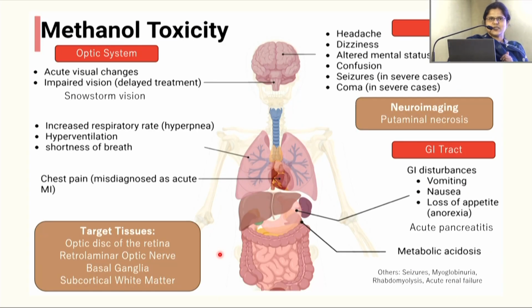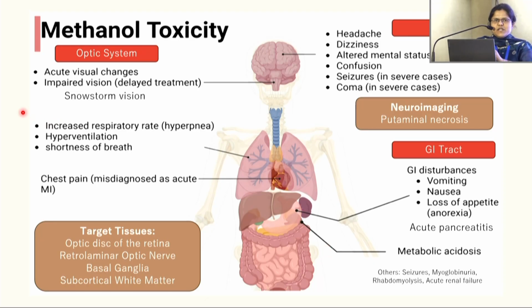What are the organ systems which can be involved in methanol toxicity? In the early phase, the patient might present with GI symptoms like vomiting, nausea, loss of appetite, and you can find patients with acute pancreatitis as well. Due to metabolic acidosis, there will be compensatory tachypnea, hyperventilation, and shortness of breath. The patient may present with chest pain also. The organ systems particularly involved are the optic system and the CNS.